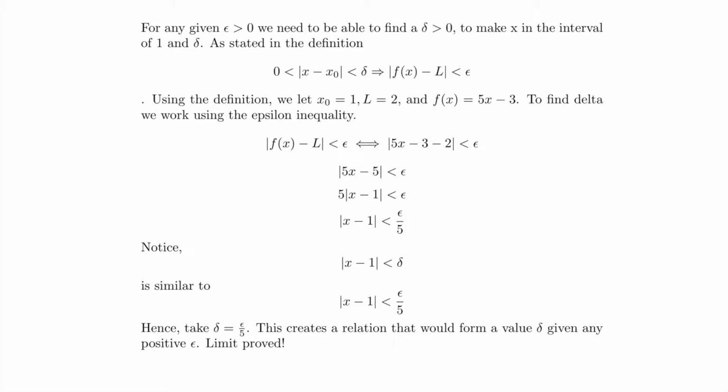So given any epsilon, you would get a result of delta that creates a correspondence between the two. This way, we have proven our limit. Now, what if the symmetry within intervals did not exist? Well, there is another way of proving such situations, and in the following video, I show you how.